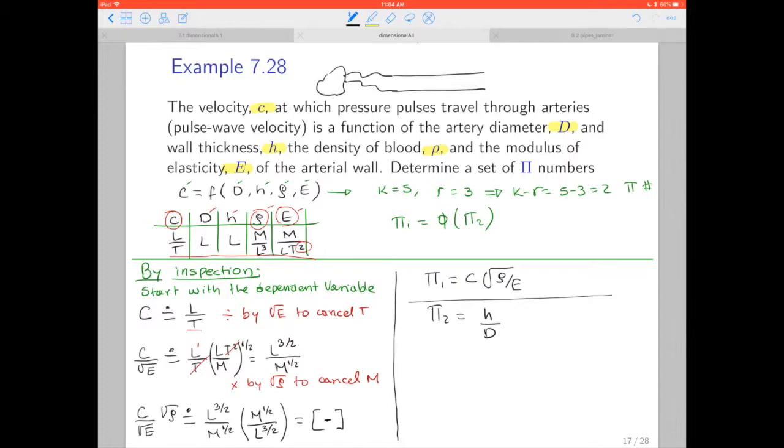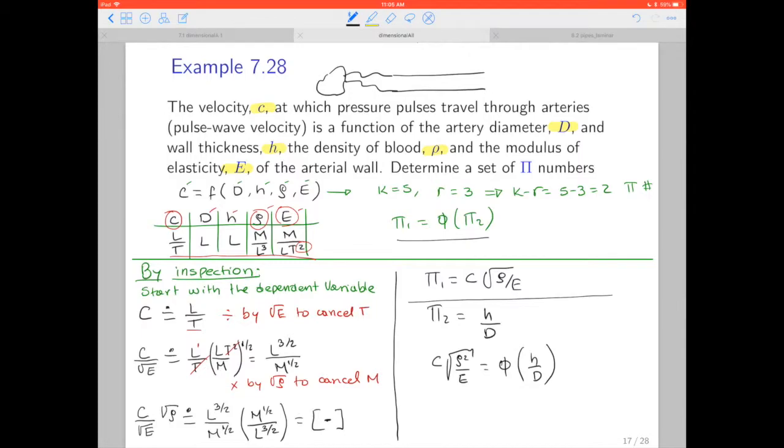So our relationship will be: this original one will be pi 1, which is c multiplied by the square root of rho divided by e, so everything should be under the square root, equal to a function of h over d.